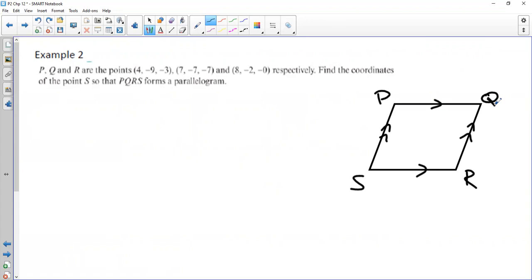Now, why do they like to use parallelograms in vectors? Because they're parallel. In vectors, parallel means they have the same vector. So what we know is, we don't know S, so we're going to let S be x, y, and z. Now, how can we use the properties of a parallelogram to set some equation to help us find S?